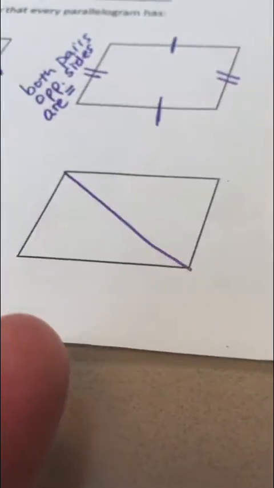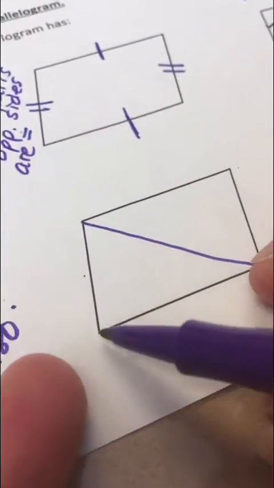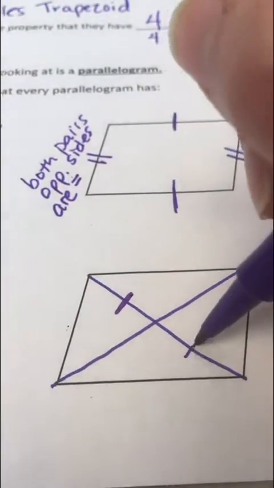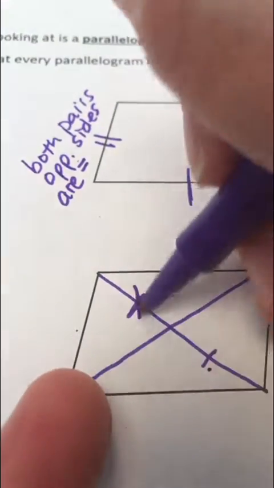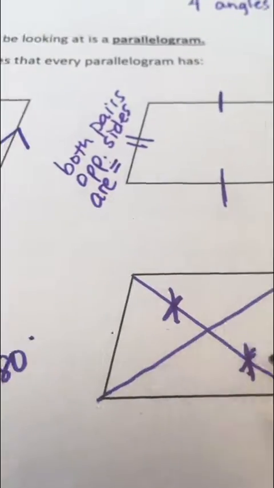Now the last picture I have here is going through the shape, and crisscross the other way. So these two, and I'm going to use different marks, so that one, I just noticed the one above it, and I want to have different marks here. So these two are equal.